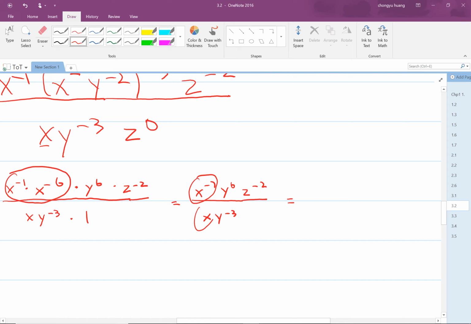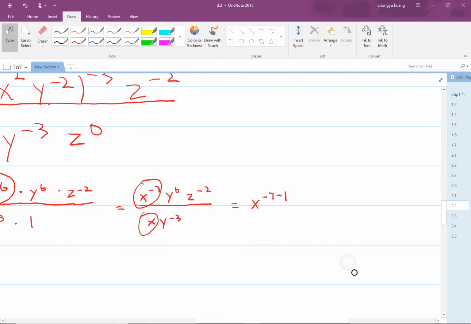We got x to the power negative 7 at the top over x at the bottom, so it's going to be x to the power negative 7 minus 1. Same with y: y over here is 6 minus negative 3. And then z just stays as it is, because we don't have any z in the denominator.